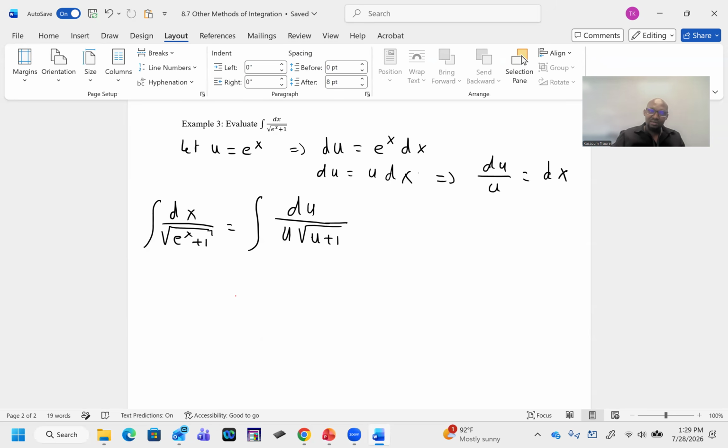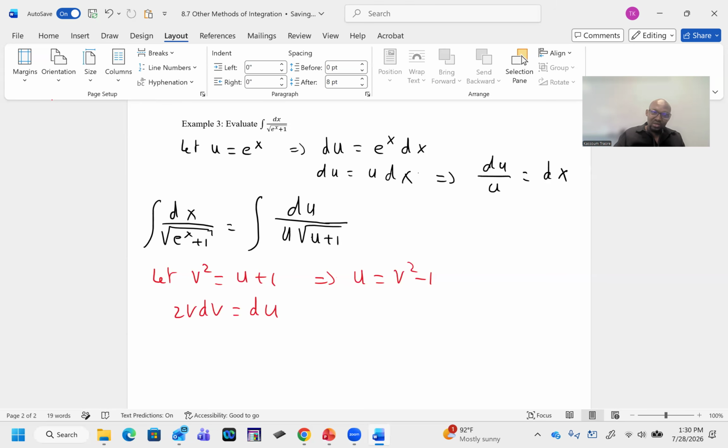Let v squared be equal to u plus 1. Then u is v squared minus 1. And of course, if v squared is equal to u plus 1, then 2v dv is equal to du.